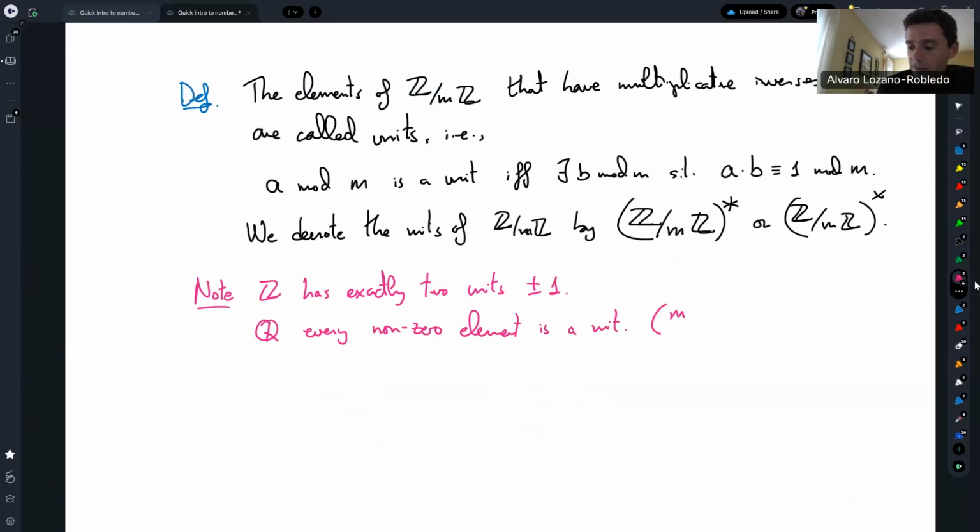Because if m over n is non-zero, then n over m is its inverse, the multiplicative inverse. So we are somewhere between the integers that only have 2 units and Q, where everything that is non-zero is a unit.